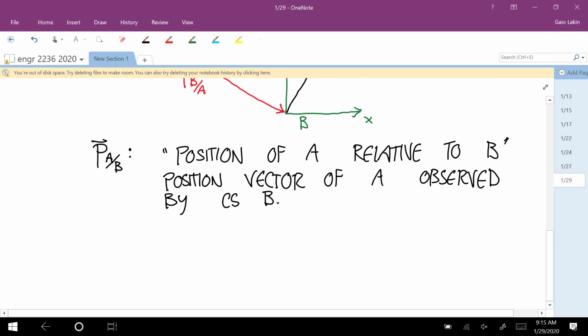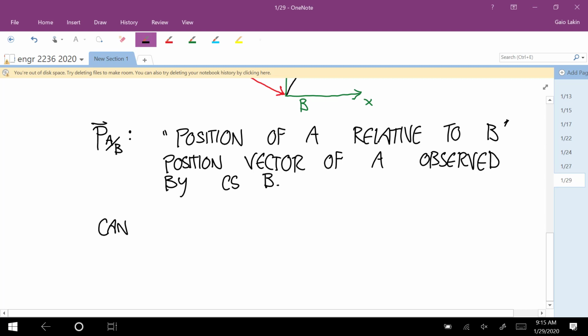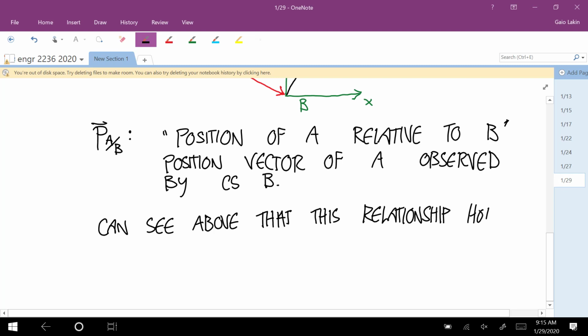And so this relationship holds. The position of O relative to A, and I'm going to write it in the other order than I just said it, but it's still the same sum of vectors, is equal to the position of O relative to B plus the position of B relative to A.